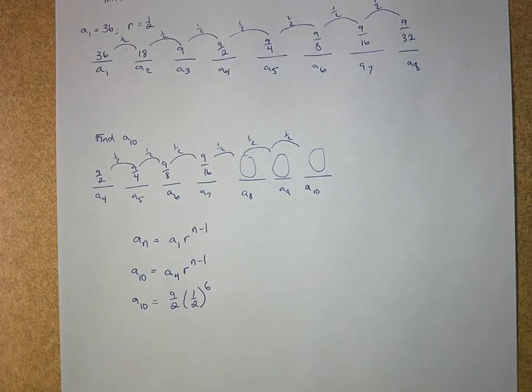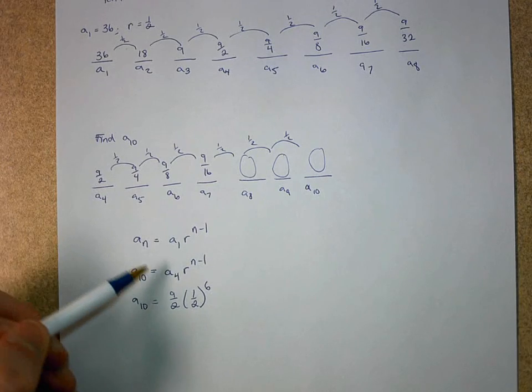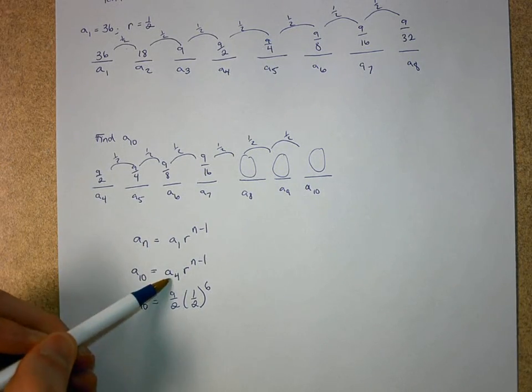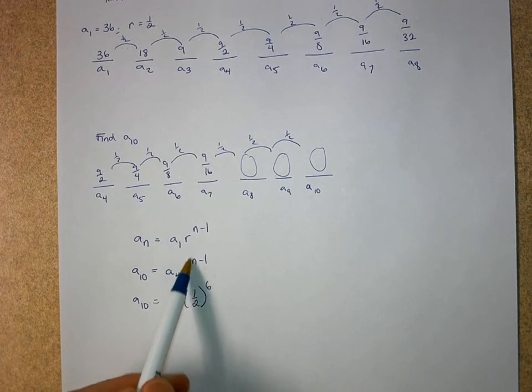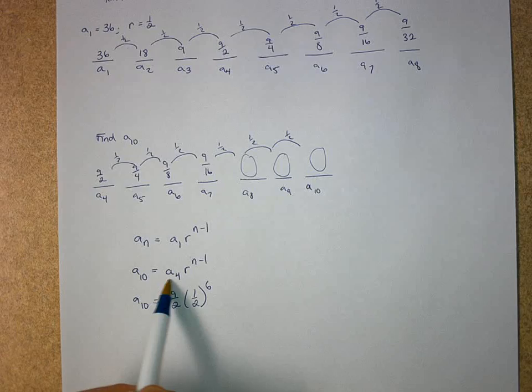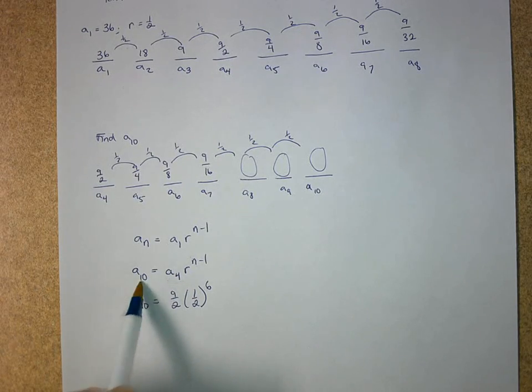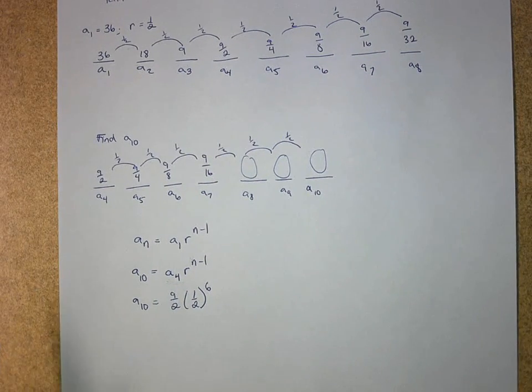So realize that you do not always have to have a sub 1 here. It could be a sub 4, it could be a sub 8. It's whatever my starting value is. And then this n value is the number of terms from whatever my starting value is to whatever my ending value is. That concept's going to help us in a little while as we get down to solving some of our sequences.